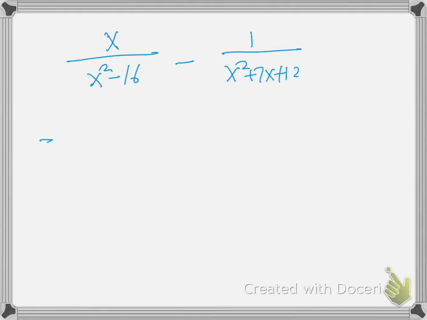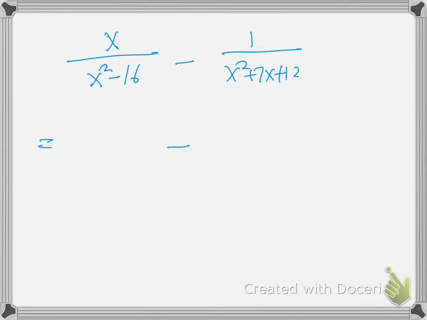So now let's write down x divided by x squared minus 16, minus, let's still use 1 over x squared plus 7x plus 12. I copied the same denominator from the previous question.